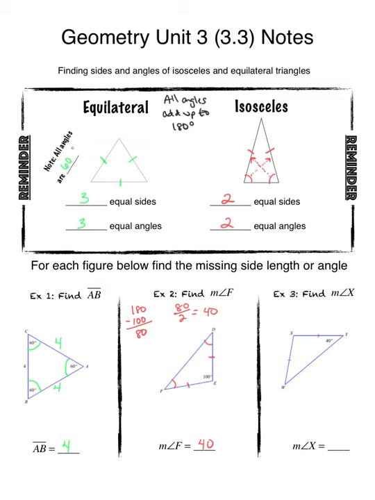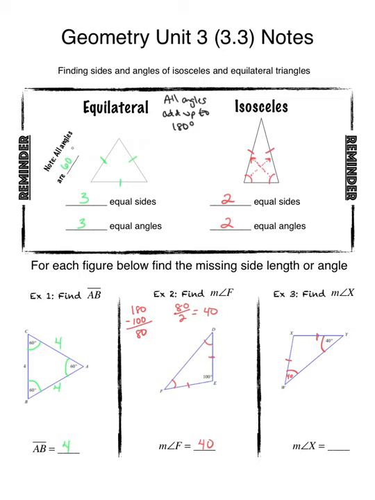Now, example 3, we're going to find the measure of angle X. And as I said so many times before, draw this and mark it up. We know these sides are congruent. Therefore, angle Y is congruent to angle W. Well, angle Y is 40 degrees, so what's the measure of angle W? It's also 40.